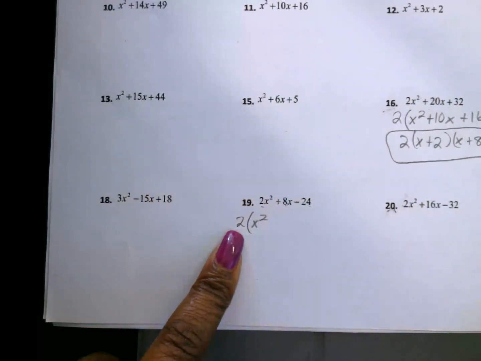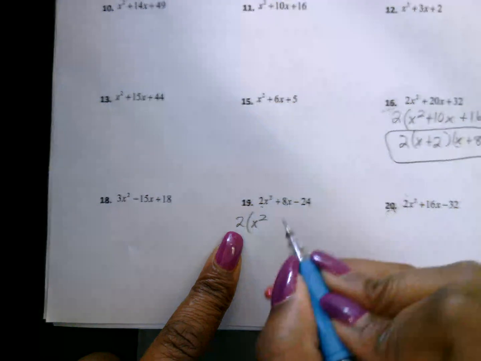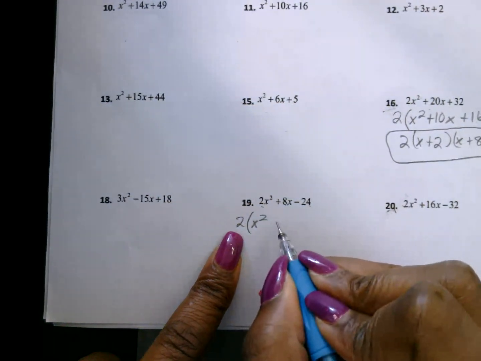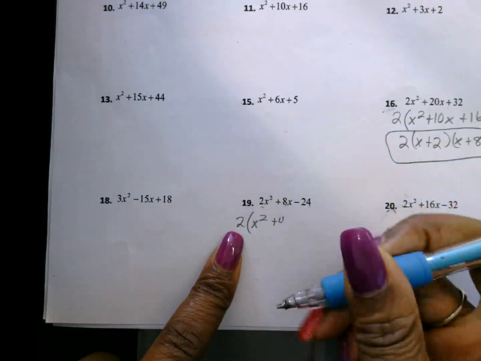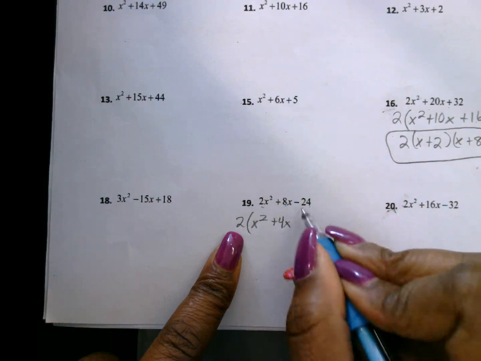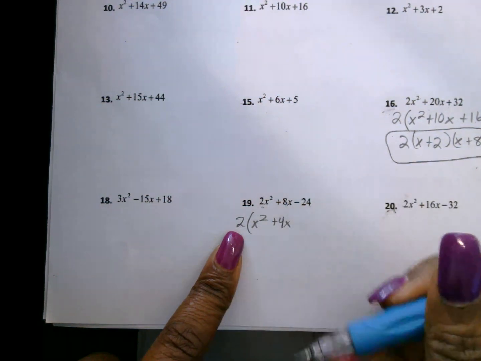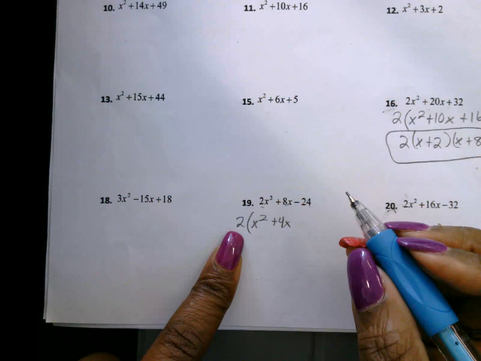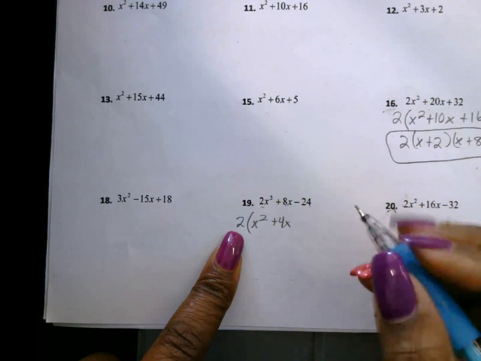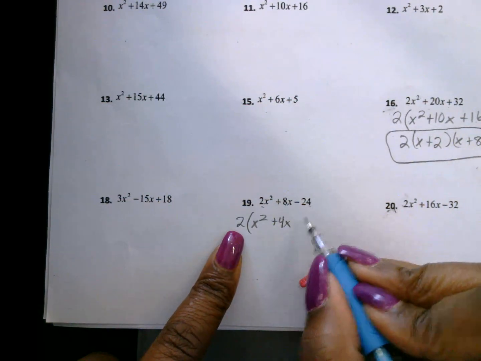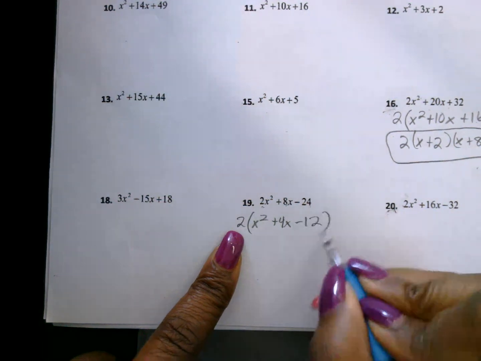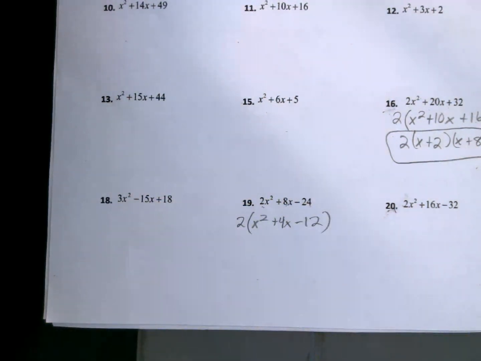What can I multiply times 2 to give me 8x? 4x. And what can I multiply times 2 to give me negative 24? I'm sorry. Negative 12. Okay.